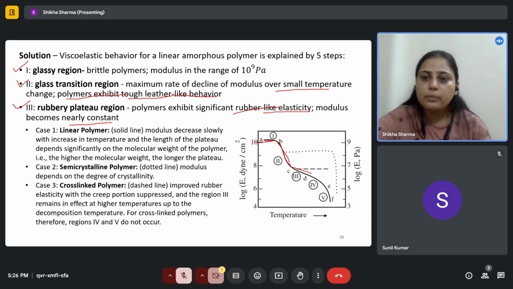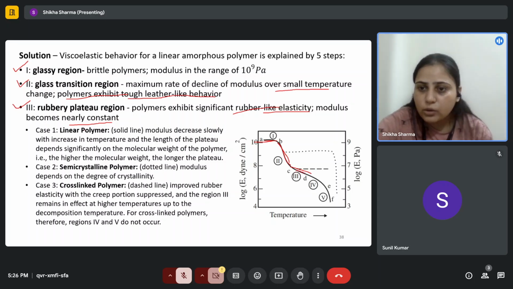After this there are three different cases: in the C to D region it can follow either the solid line, the dotted line, or the dashed line.